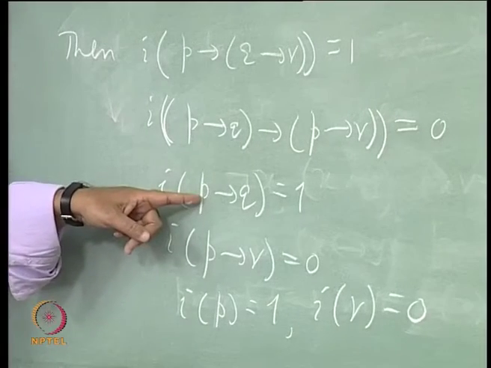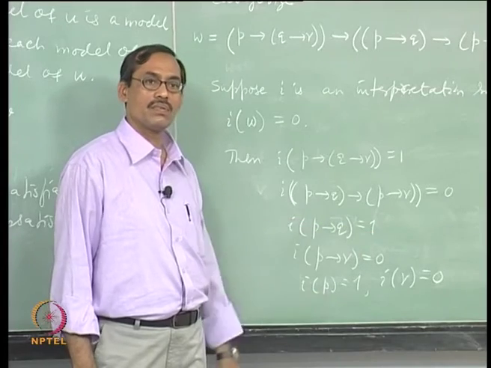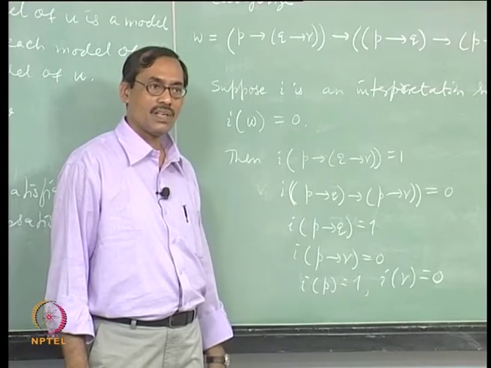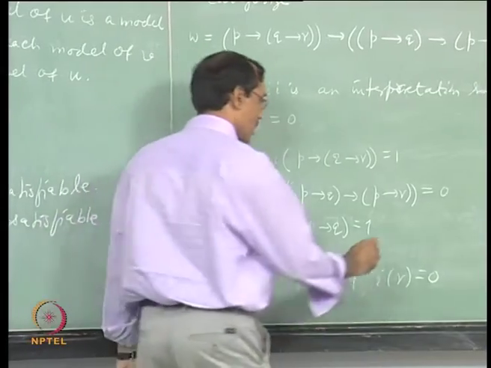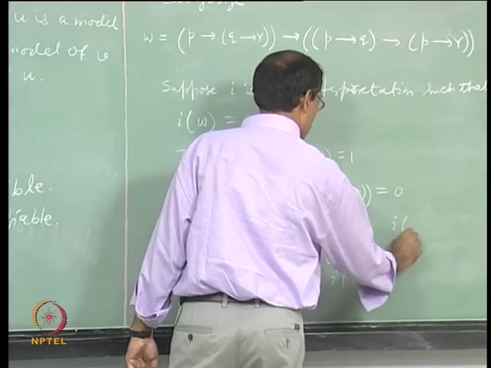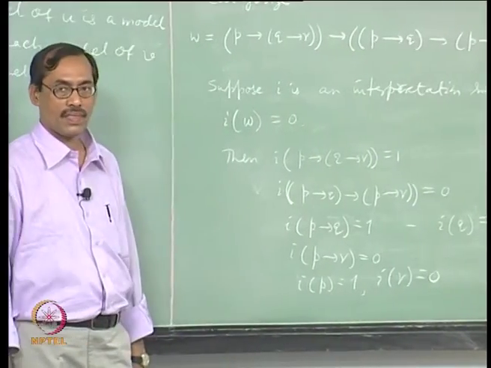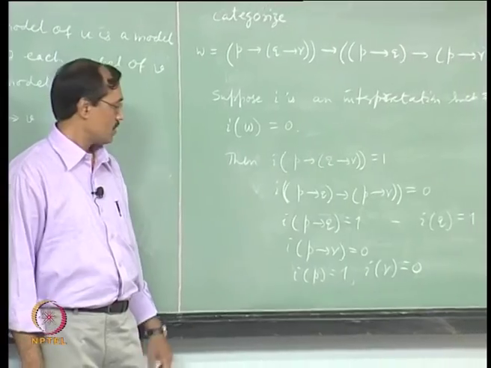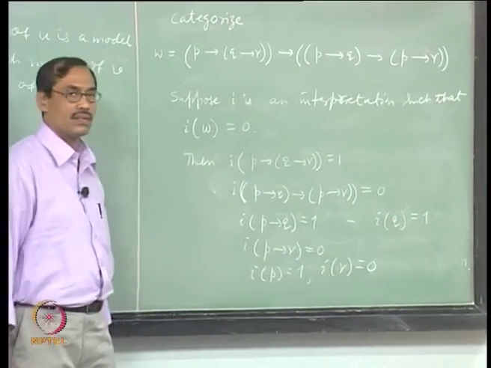If P is 1 and P implies Q is 1, what can Q be? It can't be 0. If Q is 0, then P implies Q should have been 0, but it is 1, therefore Q must be 1. So now I get P as 1, Q as 1, R as 0.